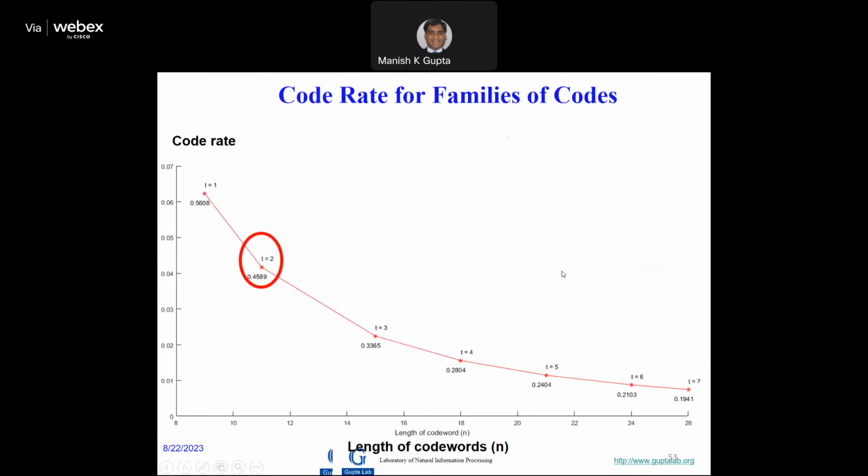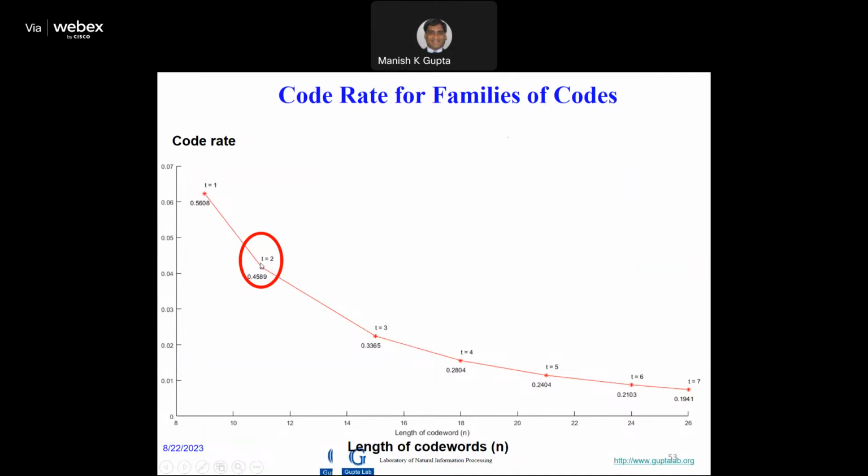And if you look at the code rate, normally the rate should be as close to 1, right? Those are the good codes. But if you look at t equal to 2, the code rate is very close to half. And if you increase the error correcting capability, you see the code rate goes down. So it's really not much useful. So this is the best option that we can have, right?